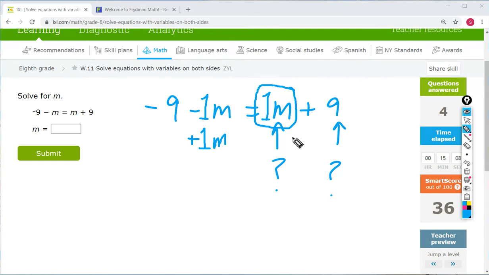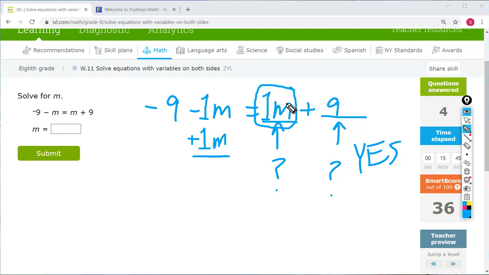Why? Because I can only combine like terms. Remember, combine means add or subtract. I can only add or subtract like terms. This and this are not like terms because this has an m and this does not. But this and this are like terms because this has an m and this has an m.